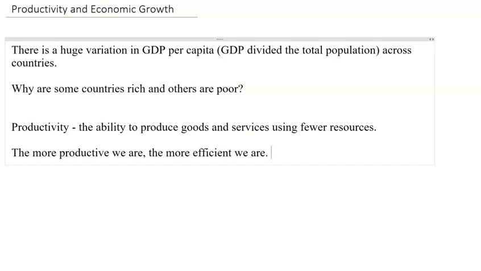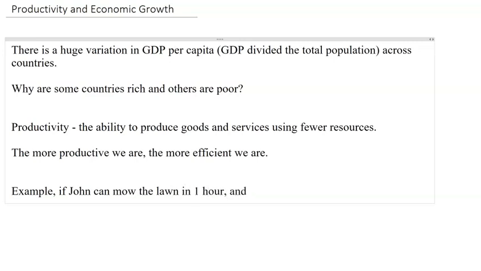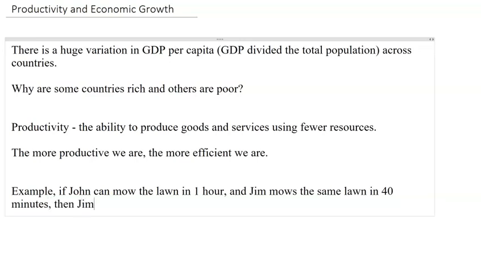We can use them interchangeably, but basically productivity is measuring how quickly or how efficiently we can produce goods and services. One example: if John can mow the lawn in 1 hour and Jim mows the same lawn in 40 minutes, then Jim is more productive than John.